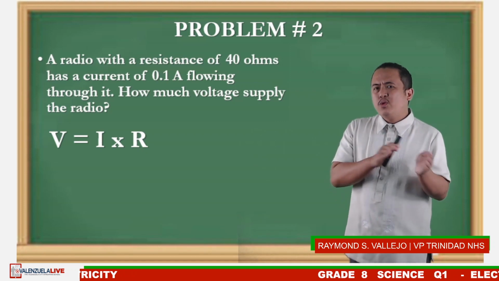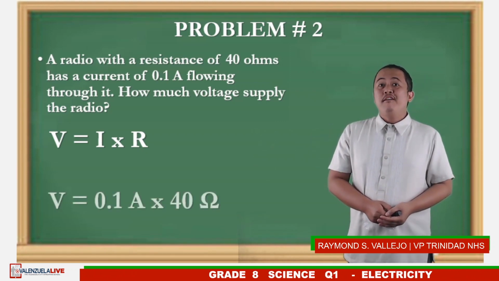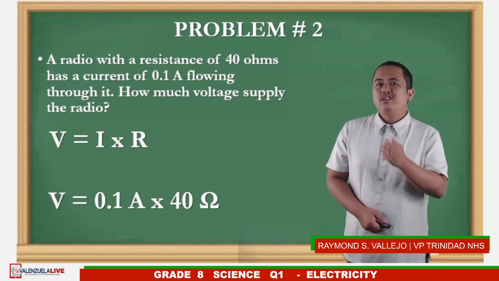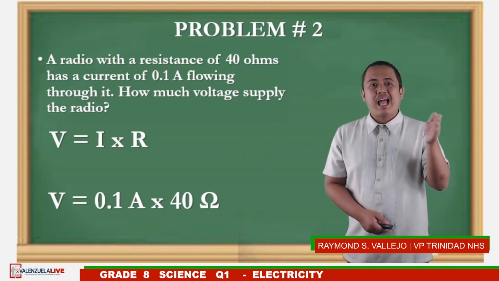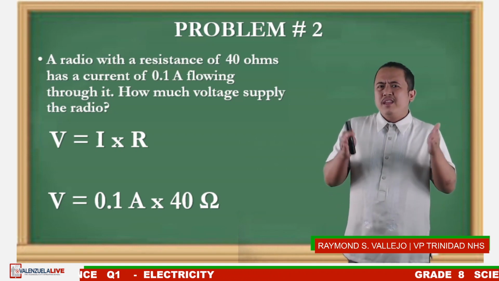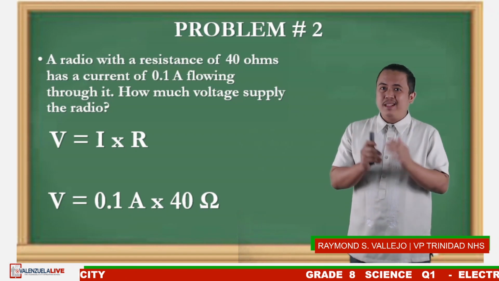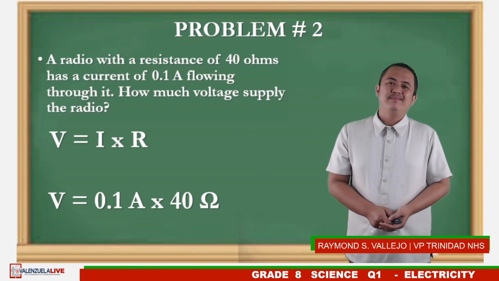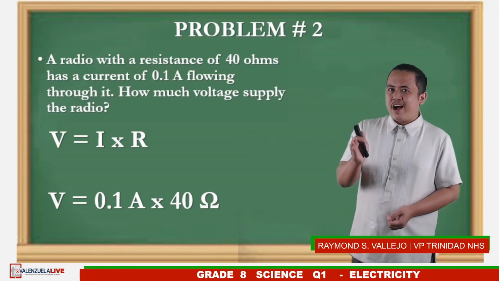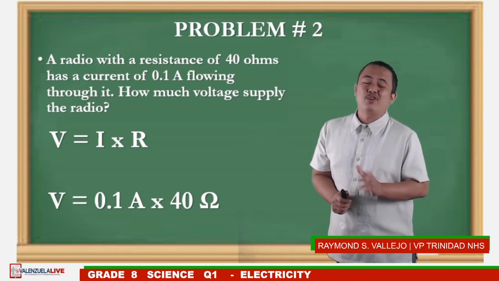Now, substituting the values from this formula, we shall have the solution V is equals to 0.1 amperes times 40 ohms. What would be the final answer? Write your answer in the comment section. Again, correct numerical value and the correct unit. Do not forget the unit, it's also important.